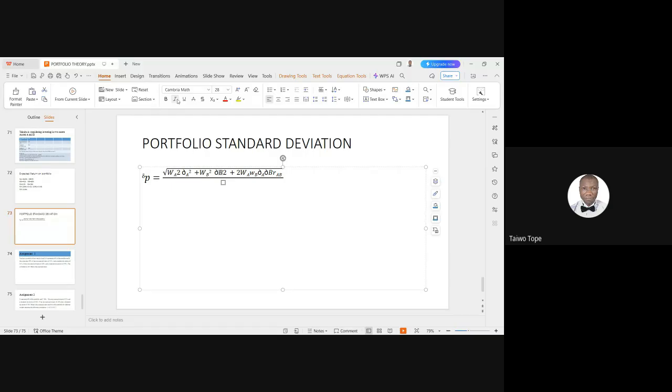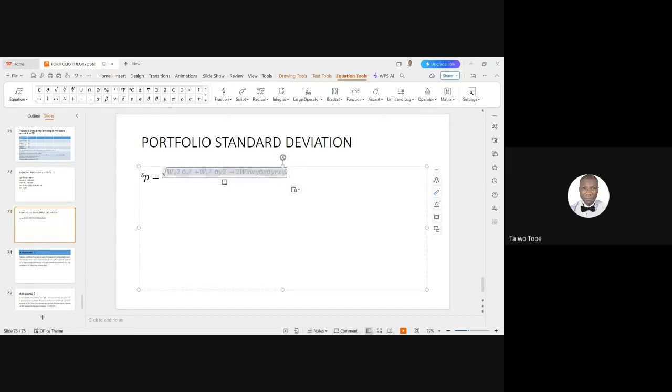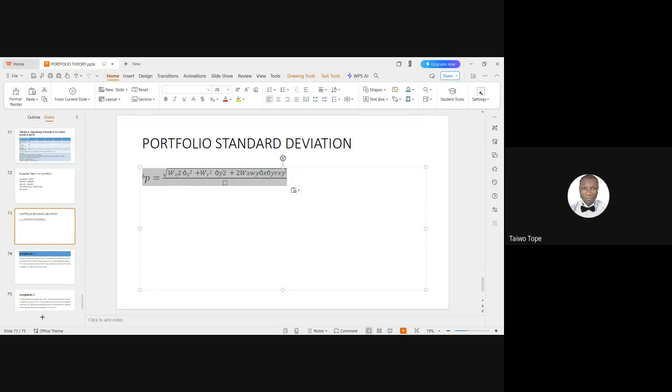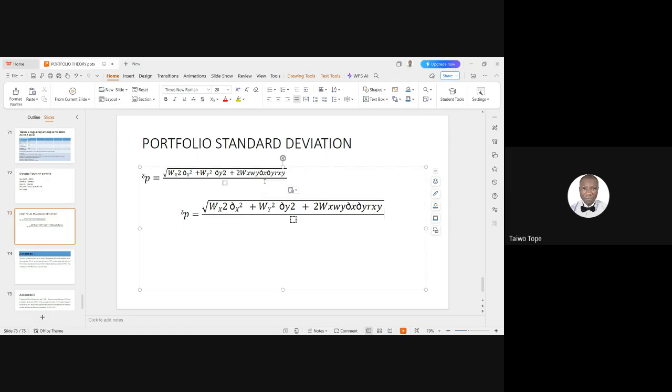Write out the formula and follow it one after the other. If you don't follow it like that, you'll see it as if it's magic. It's not magic. I want you to get it so that you do not see it as magic.